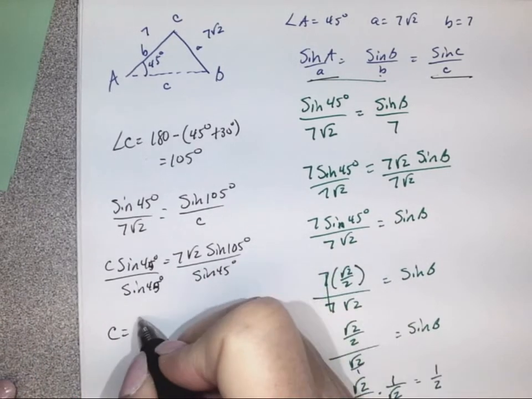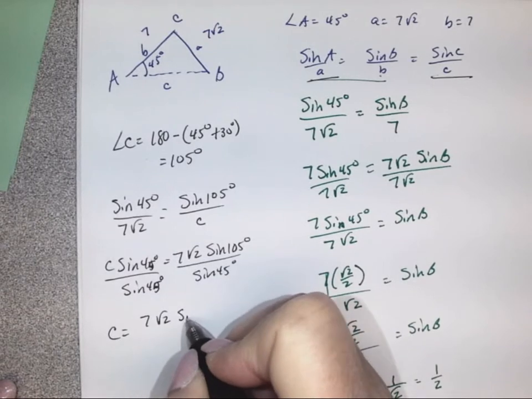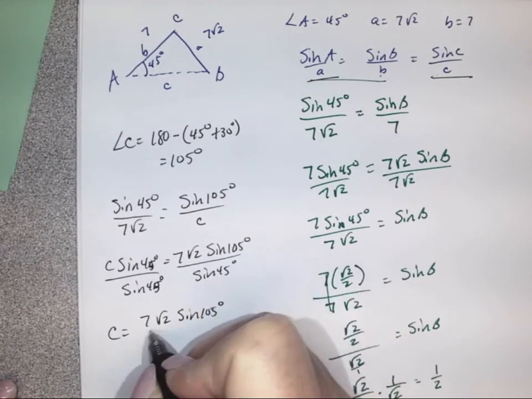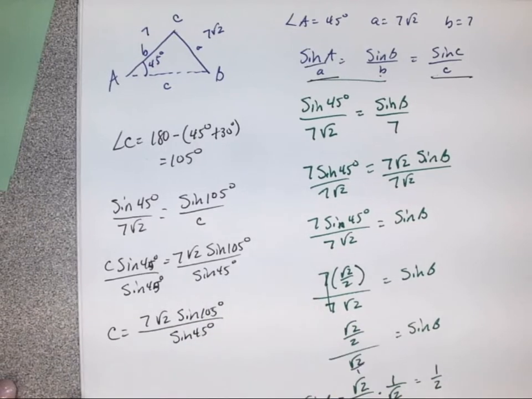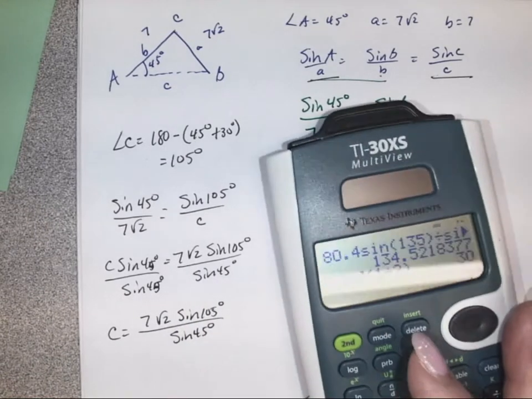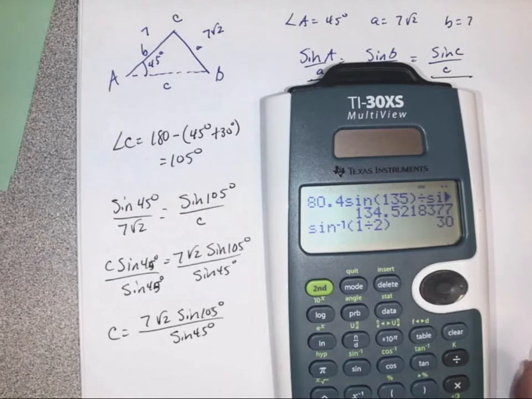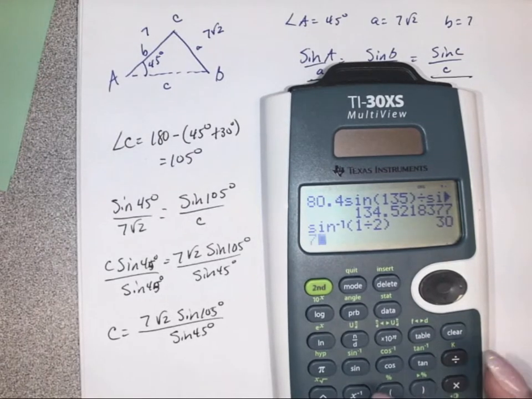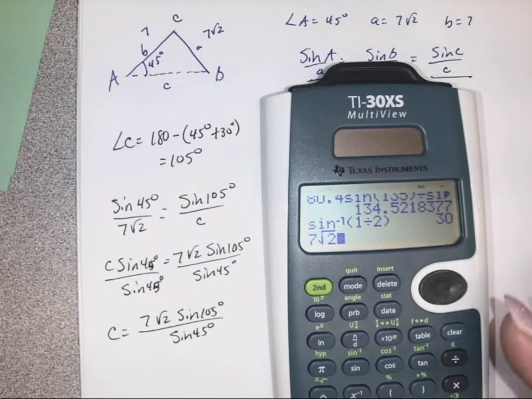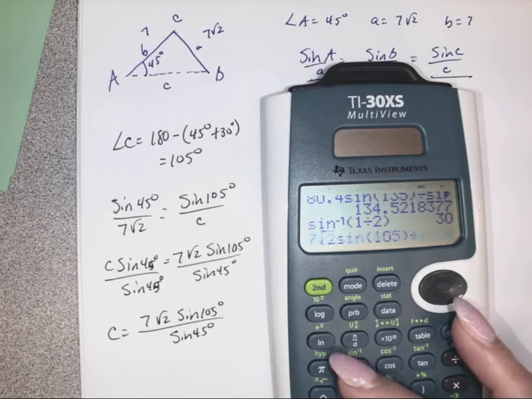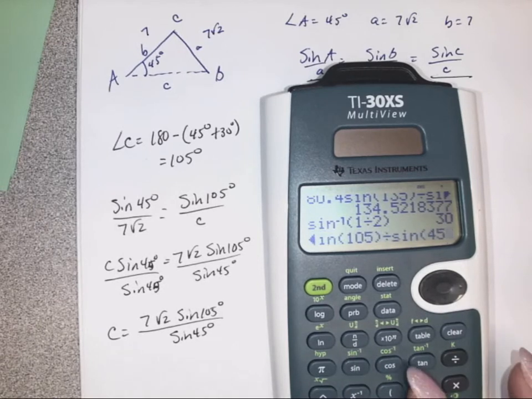So c is equal to 7 square roots of 2 times the sine of 105 degrees divided by the sine of 45 degrees. So let's go put that in our calculator. We have 7 times the square root of 2 times the sine of 105 divided by the sine of 45.